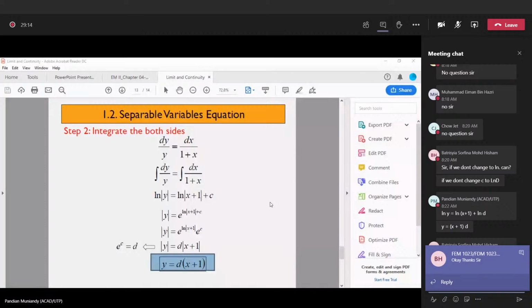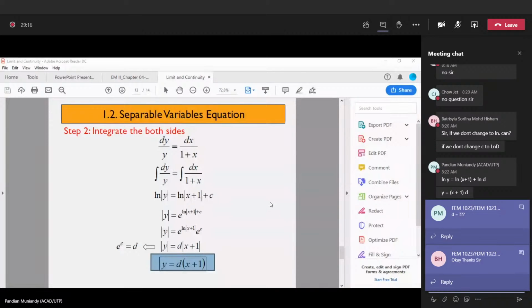So if you want to find d, we are giving the initial condition, y of 1 equals to 1.